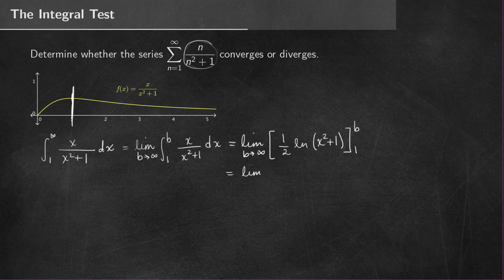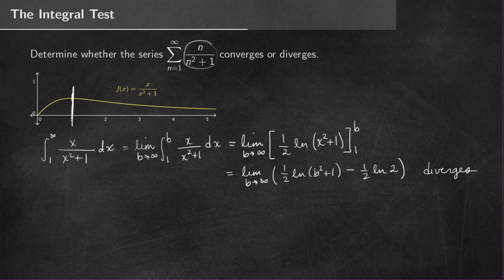So I have limit b approaches infinity of, and then we sub in our upper limit, so 1/2 ln of b squared plus 1 minus 1/2 ln of 1 squared plus 1, or 2. Now as b approaches infinity, the natural log of infinity squared plus 1, natural log of infinity is infinity, so this integral diverges.